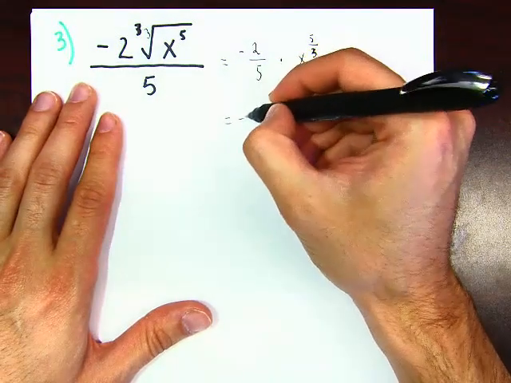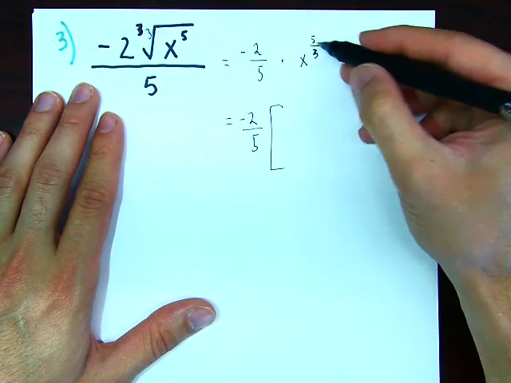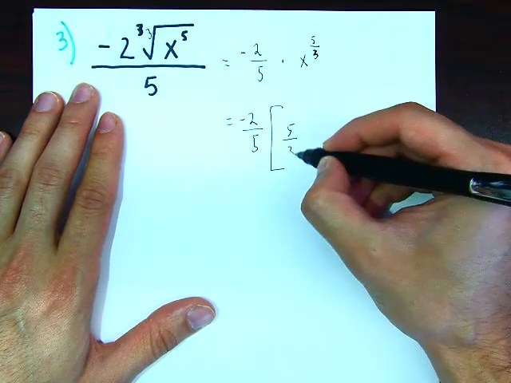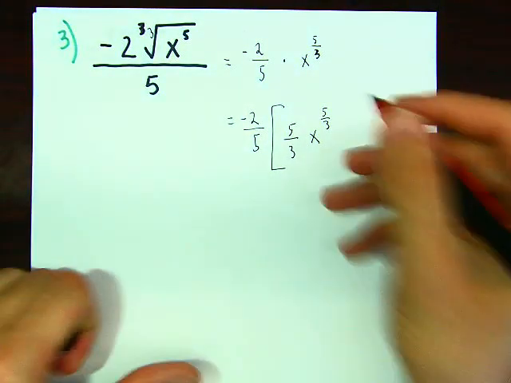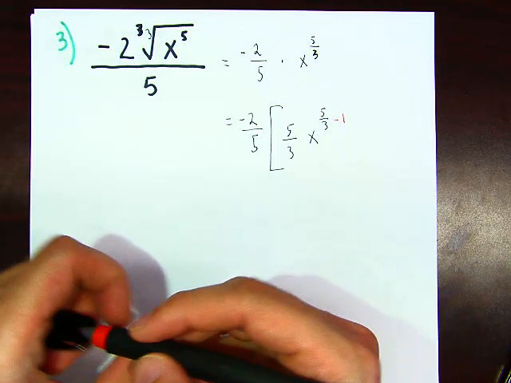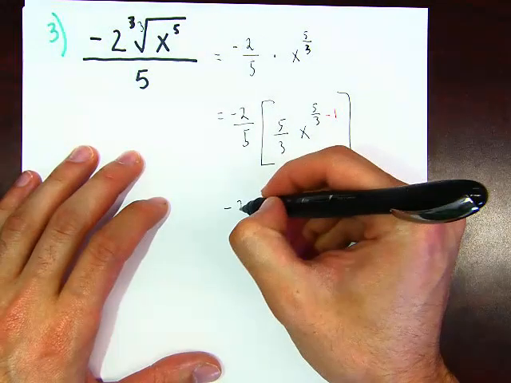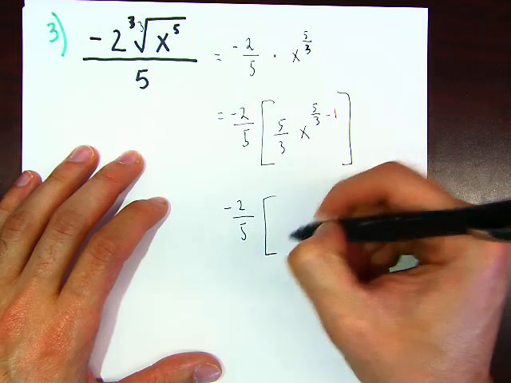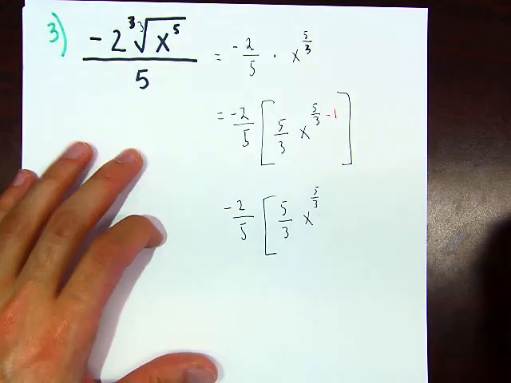So this negative 2 over 5 is on the outside, and now we want to take the derivative of this. So this becomes 5 over 3, x to the 5 over 3. Now we need to do a minus 1, okay? And then this becomes negative 2 over 5, 5 over 3, x to the 5 over 3.